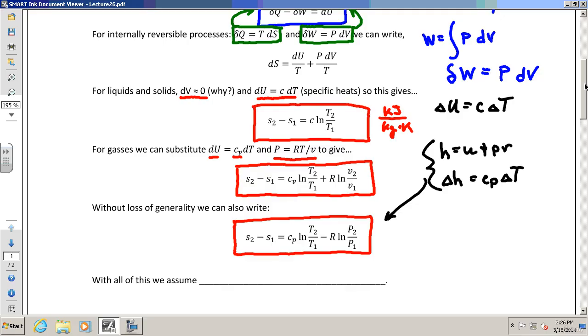Notice that both of them have temperatures, but the top one has specific volumes, whereas the bottom one has pressures. So if you knew the pressures, you could use the bottom one. If you knew the specific volumes, you could use the top one. That's the only reason. It just depends on the information given in the problem.